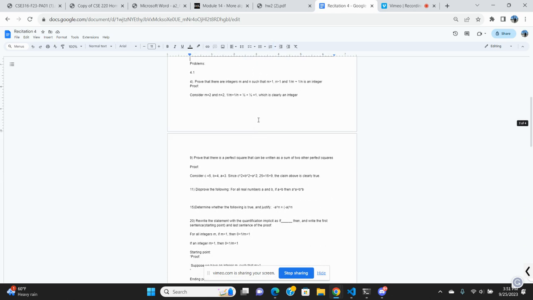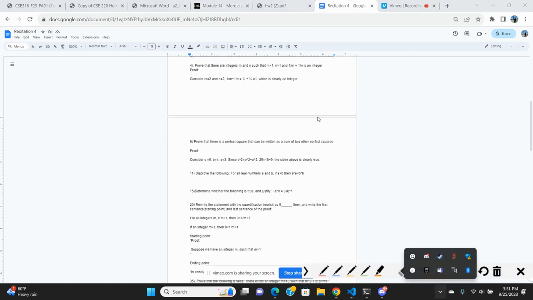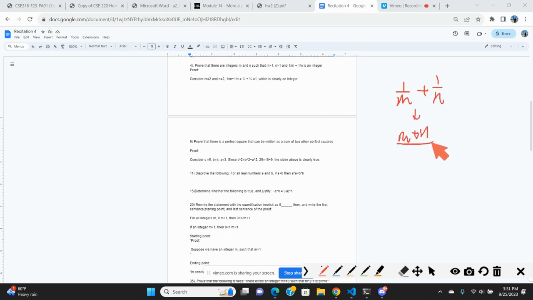For problem number 4, prove that there are integers m and n such that m is greater than 1 and n is greater than 1 such that 1 over m plus 1 over n is an integer. We have to consider just some example such that it does result in an integer. If we eyeball 1 over m plus 1 over n, we need m plus n to be divisible by mn.